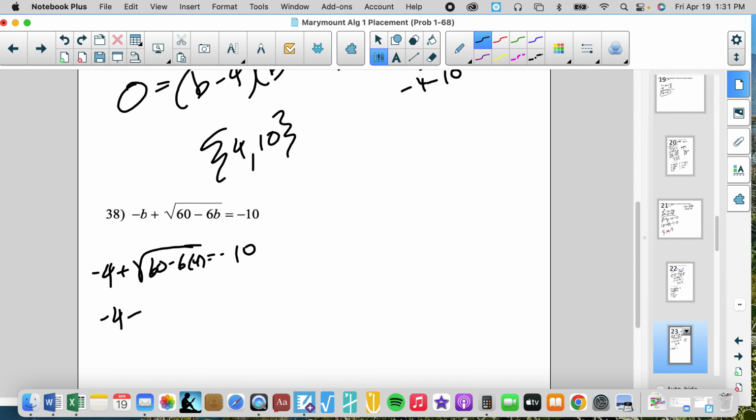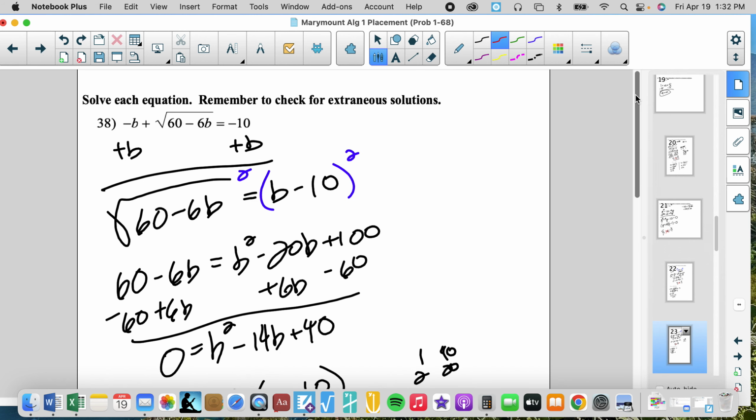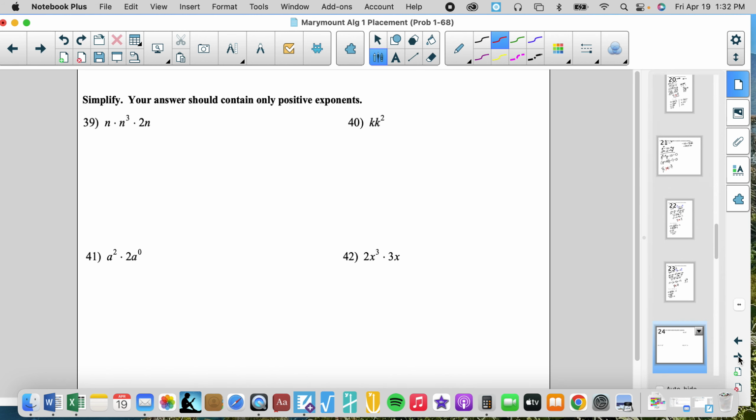That's negative 4 plus the square root of 60 minus 24, negative 4 plus the square root of 36, negative 4 plus 6, which does not equal negative 10. So 4 is the extraneous solution. 10 would work, negative 10, and you get 0 coming out of that square root. So it's just 10. And we did it relatively fast.